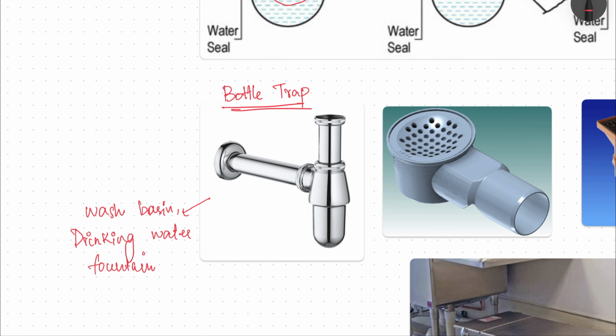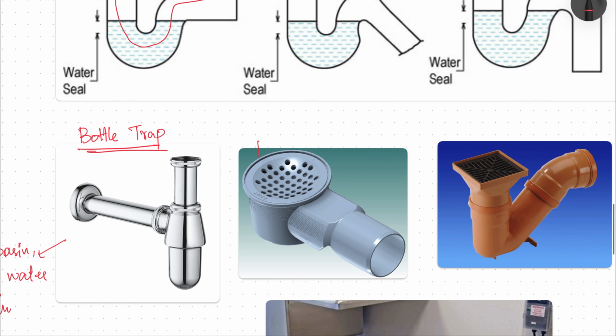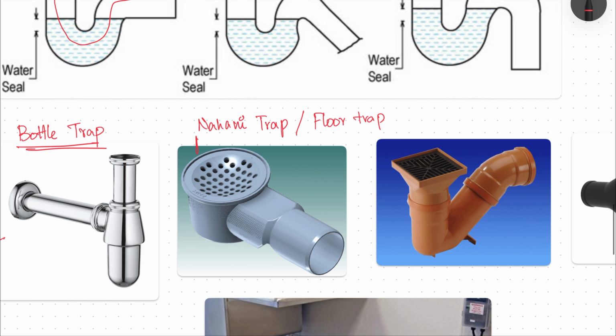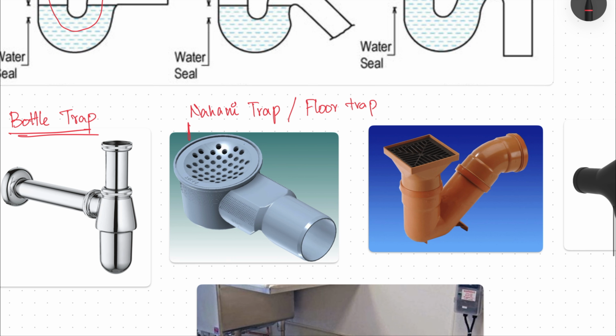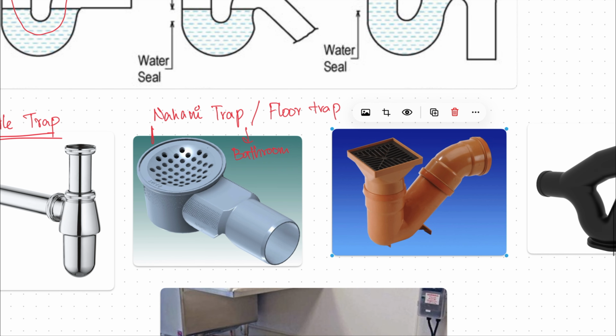This is Nahani trap, or it's also called the floor trap. You would have seen it in your bathroom floor. So it's usually used in your bathroom where all the water from your bathing or sometimes the excess water from the wash basin or the water closet flows through the Nahani trap.